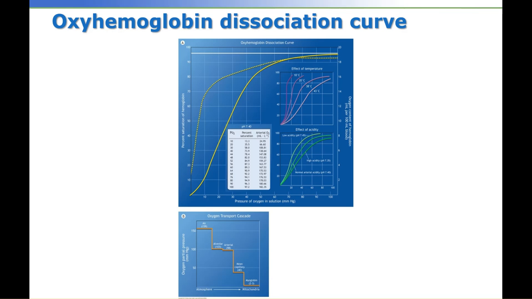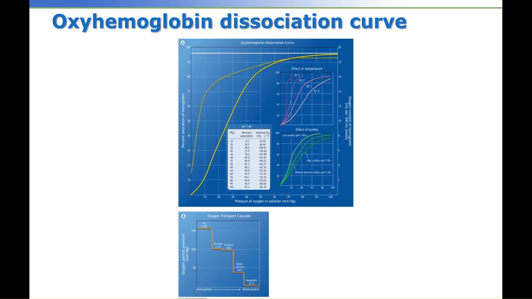It just shows that around 60 millimeters of mercury, a sharp decrease occurs in how much oxygen combines with hemoglobin. So oxygen dissociates from hemoglobin at around 60 millimeters of mercury. It doesn't happen before, and that's where you get the S curve.